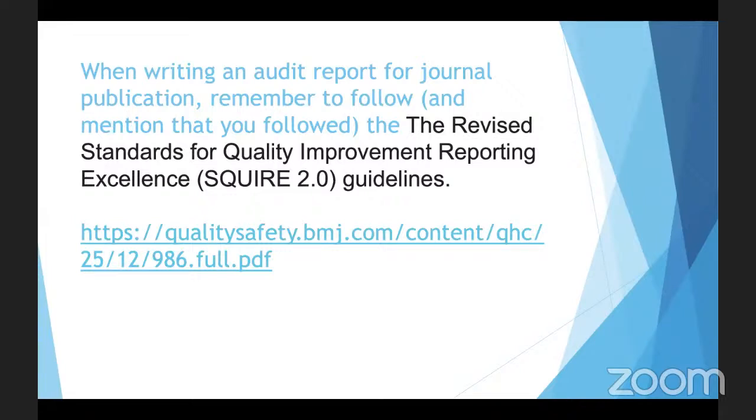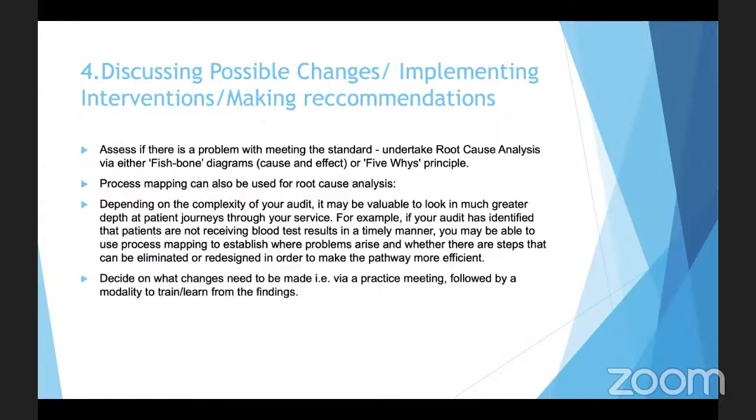But just as a checklist, whenever you're writing an audit, I've shared the link as well to make sure that you're checking if your article report or your journal article is in compliance with these guidelines.